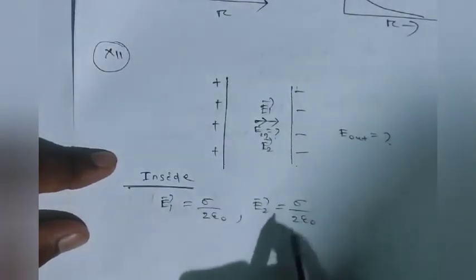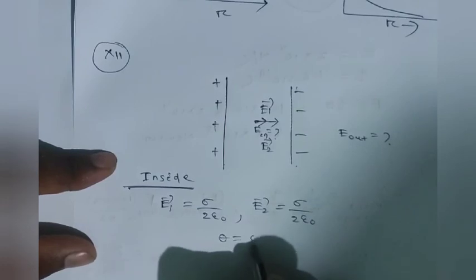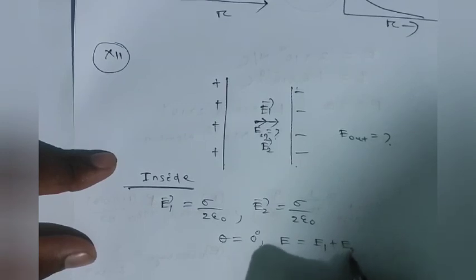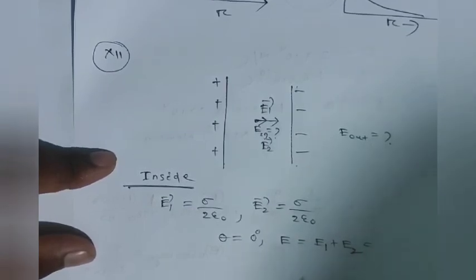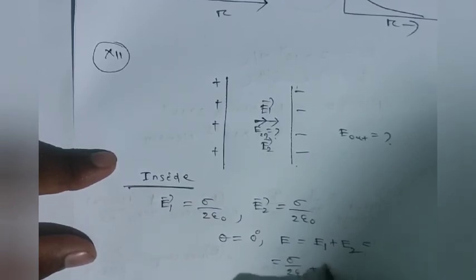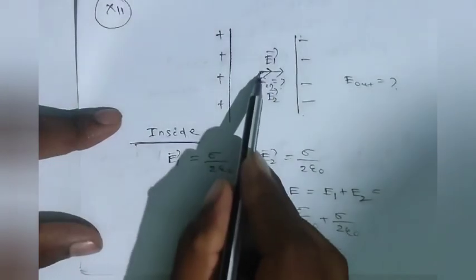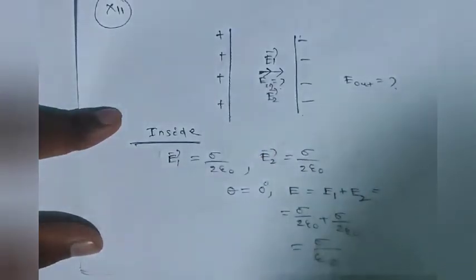As they are directed in the same direction, theta is 0 degree. So the net electric field, according to the vector addition rule, is E1 plus E2, which is sigma by 2 epsilon naught plus sigma by 2 epsilon naught, that is sigma by epsilon naught. Is it clear? So inside the two plane charge sheets, the electric field will be sigma by epsilon naught.